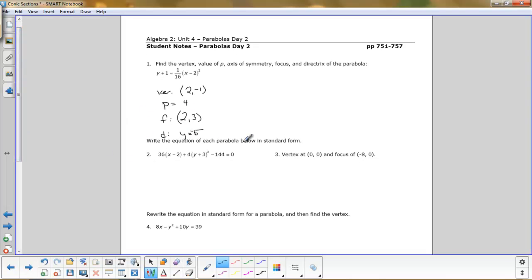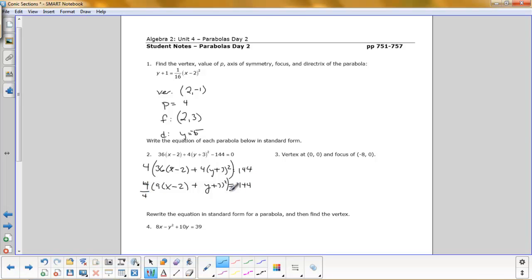Find the equation for each parabola below in standard form. The first thing I'm going to do is move my 144 to the other side of the equation. Y plus 3 squared equals 144. Following that, I'm going to take out my GCF of these two terms, which is going to be 4. So now I get 4 times 9 x minus 2 plus y plus 3 squared equals 144.